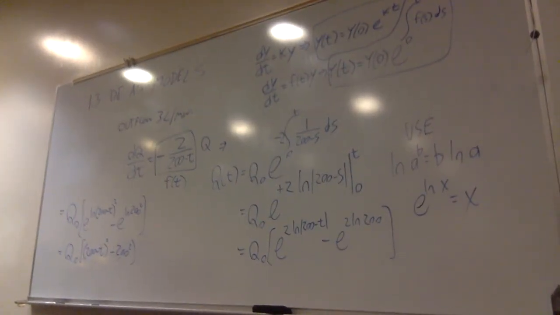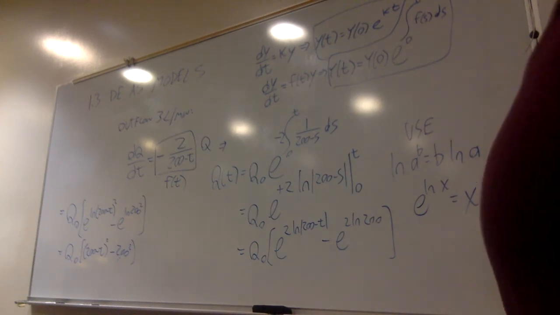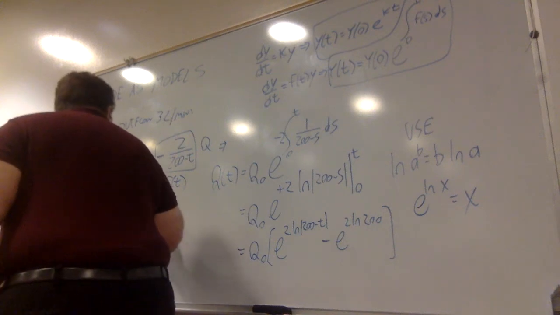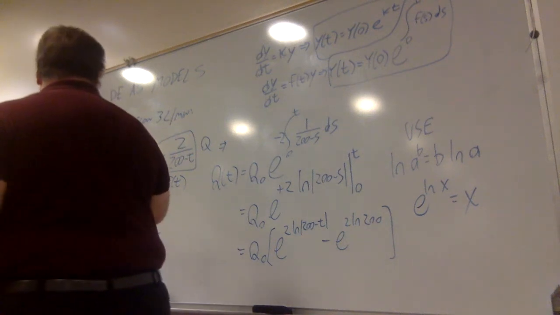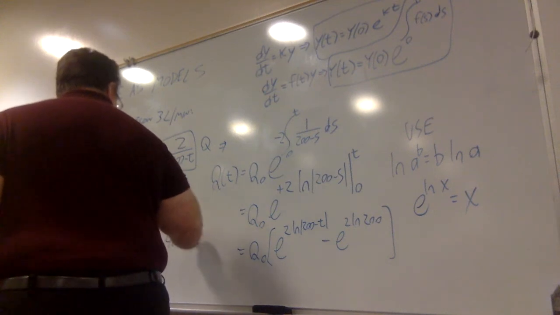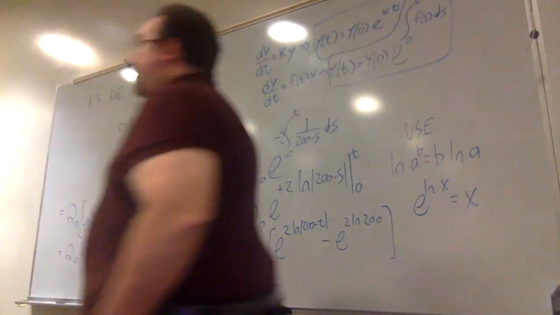That could be simplified further just by foiling the 200 minus t, but I won't bother with that. Well, no, actually it is instructive to do that. So Q naught times minus 400t plus t squared.